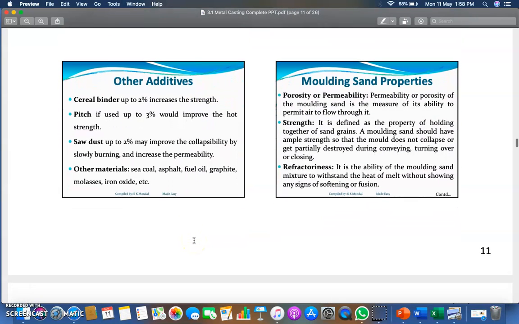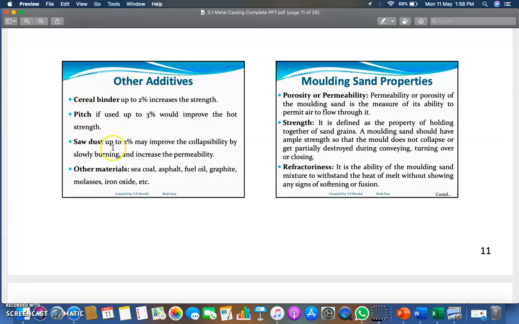Now what are the other additives which should be added in molding sands? Cereal binder, up to 2%, increases the strength. Pitch, if used up to 3%, improves the hot strength. If you want to increase the hot strength, then you have to use pitch.